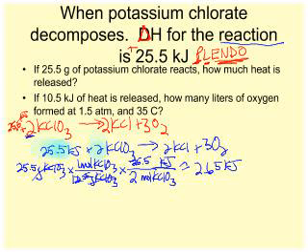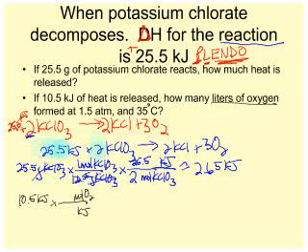If 10.5 kilojoules of heat is released, how many liters of oxygen formed at 1.5 atmospheres and 35 degrees Celsius? Oh, you thought liters of oxygen, you could use the dreaded 22. I can't even say it. So I'm going to start with 10.5 kilojoules of heat times dividing bar. Hate you kilojoules, put them on the bottom. Always go through moles of oxygen.